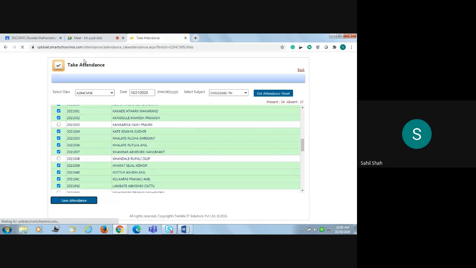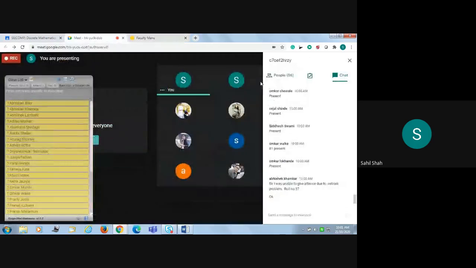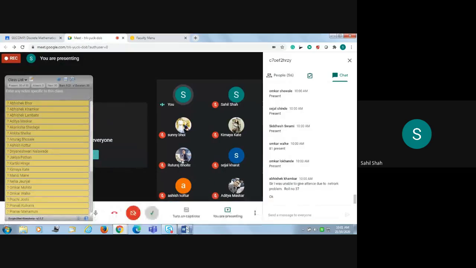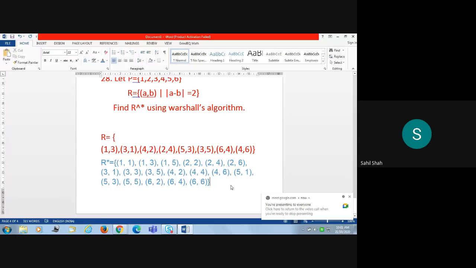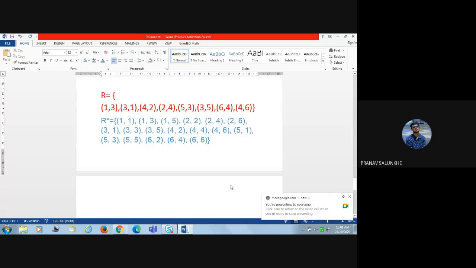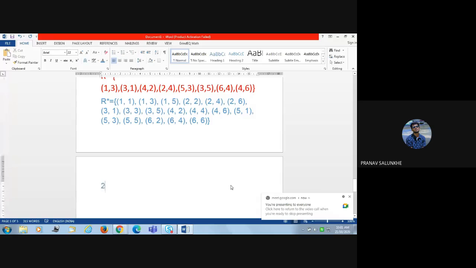So have you got the answer for that? How many of you have got the same answer? If you have got the same answer, you have to solve this. Example 29.